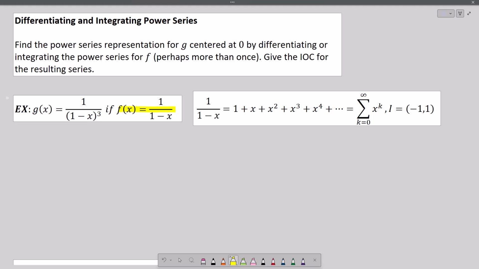And we look at the function g, and we have to come up with a template to get to g from f. So one of the steps to the answer is, do we differentiate f or do we integrate f to get to g?